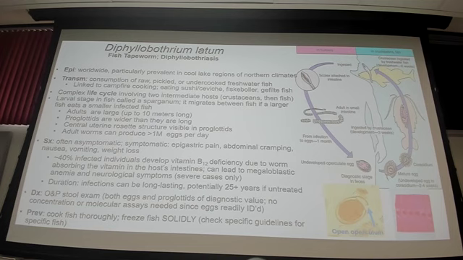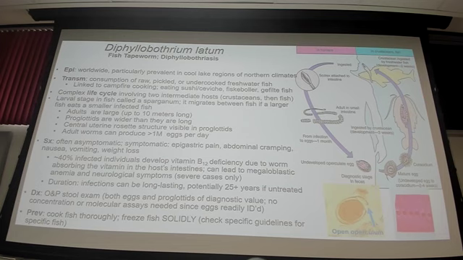And the coracidia, plural, get ingested by something called a copepod, which is like a tiny little crustacean, cyclops and other species of that. Then you mature a little bit in the copepods, and the copepods in this food chain will get eaten by some sort of fish, usually freshwater, like a perch or something like that. And then we eat that fish that is undercooked or raw. Okay, and then we acquire the disease that way.